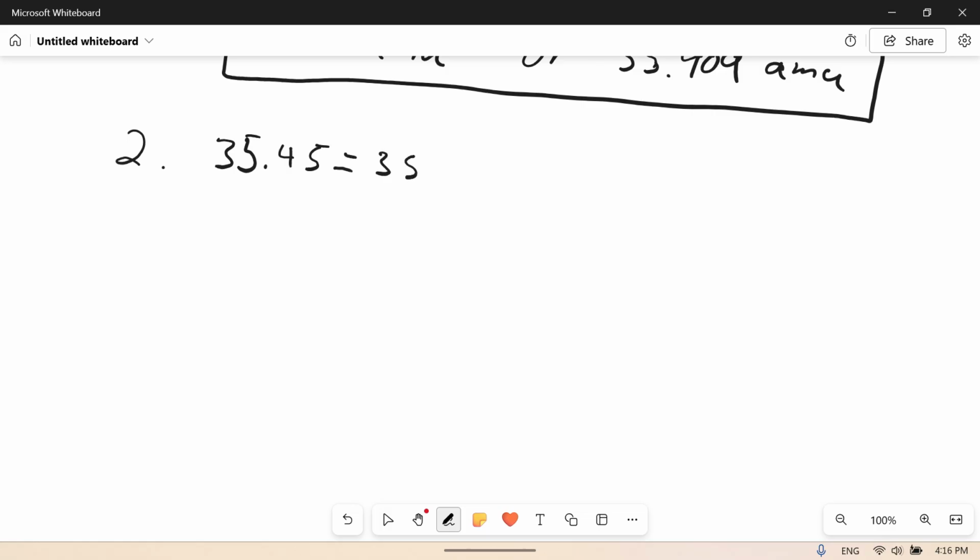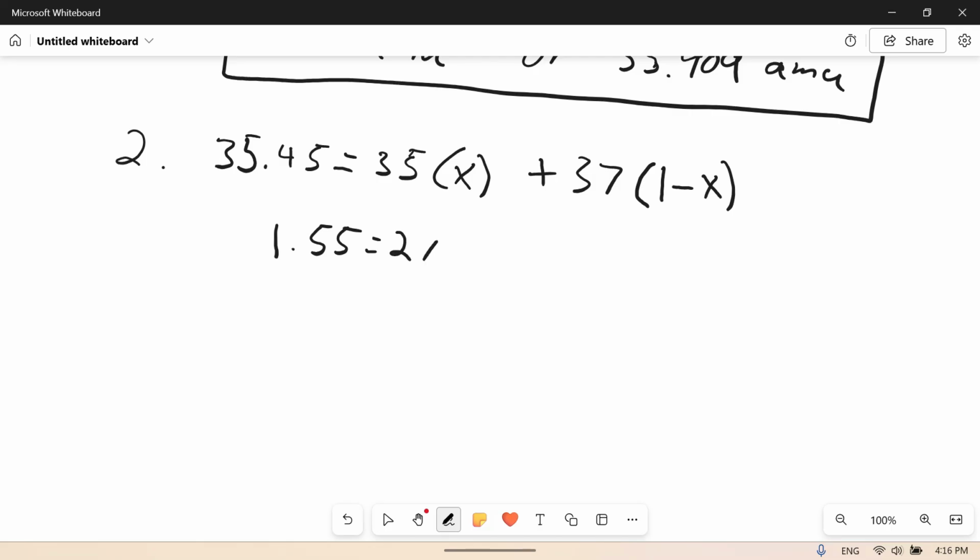That will equal chlorine 35 mass times some unknown X, relative abundance, plus chlorine 37 mass times 1 minus that unknown abundance. You can expand those and try to simplify, bring everything with X to one side, everything without X to the other side. You should get 1.55 equals 2X, and X equals 0.775.